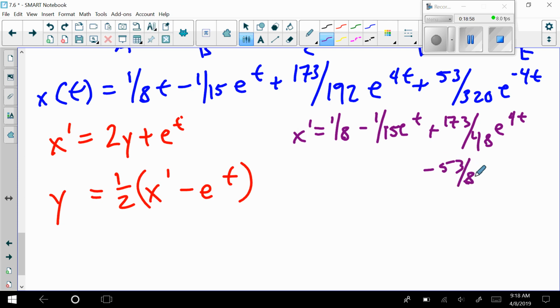Again, I think that 4 will go into that, so I'm going to drop it down to an 80, and that's e to the negative 4t.